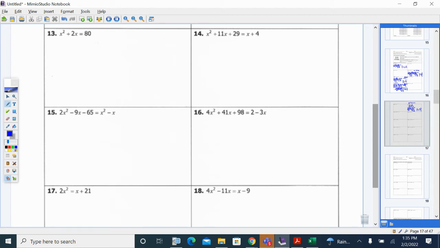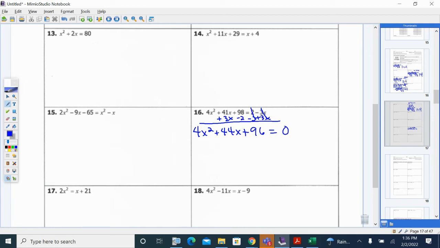So here again, we need to have a 0 on one side. We need to subtract the 2 from the 98 and add the 3x to the 41x. So I have 4x squared plus 44x plus 96 equals 0.